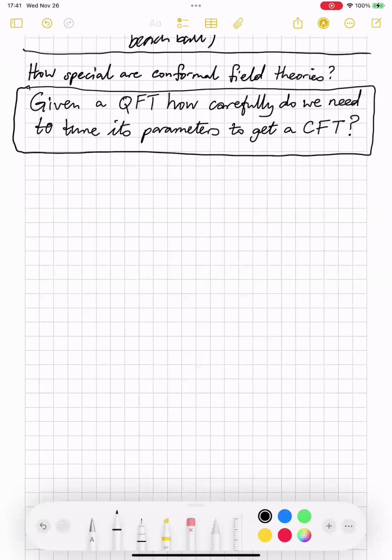Okay, so we're trying to answer the question, how special are conformal field theories? And we're going to start off by answering a simpler question. Let's ask what quantum field theories are invariant under scale transformation.